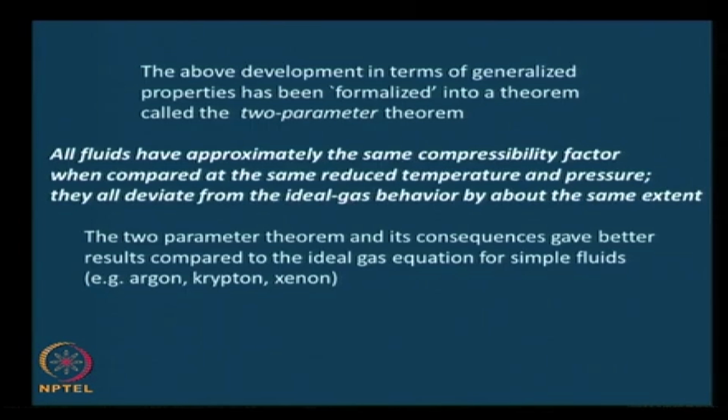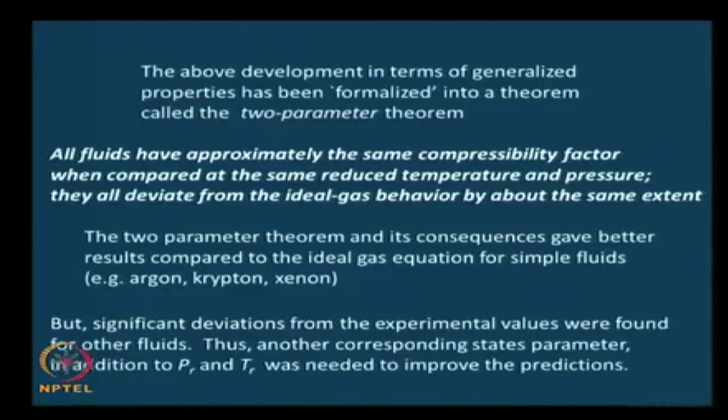The two parameter theorem and its consequences gave results that were better compared to the ideal gas equation for some simple fluids such as argon, krypton, xenon. So there was some level of generalization there, but not at an acceptable level.